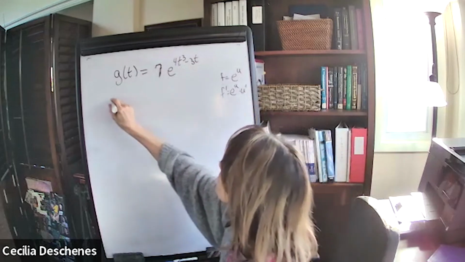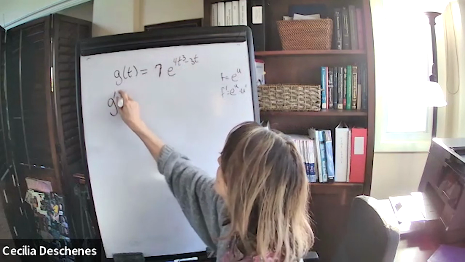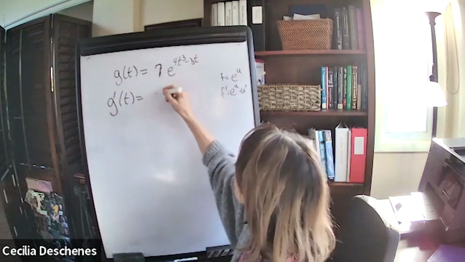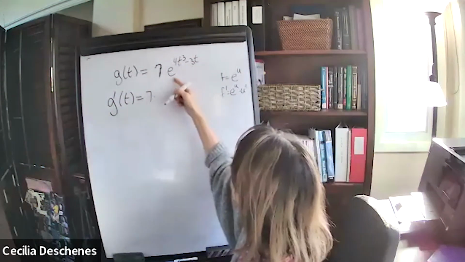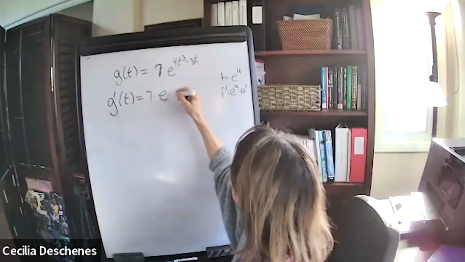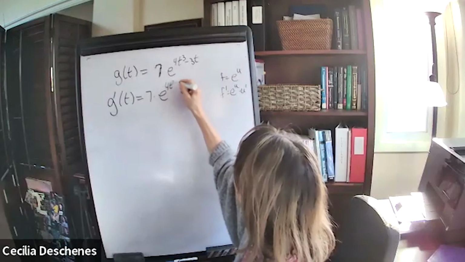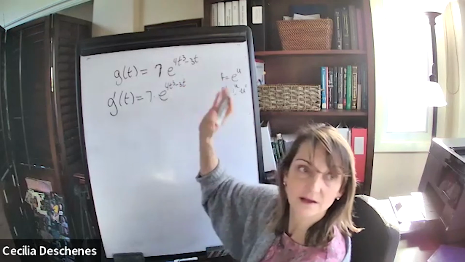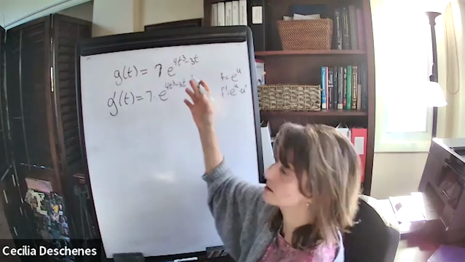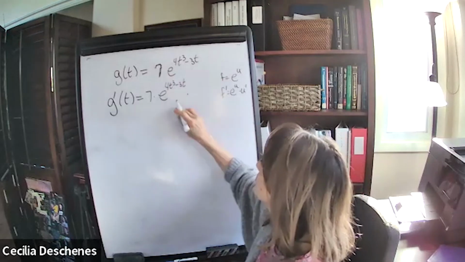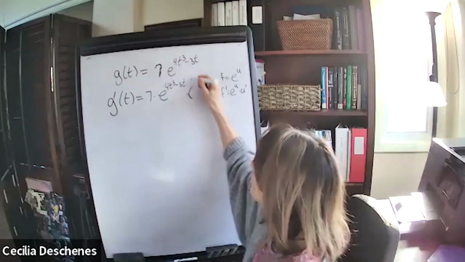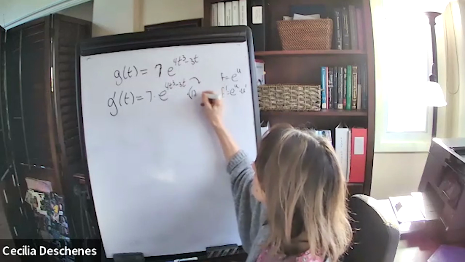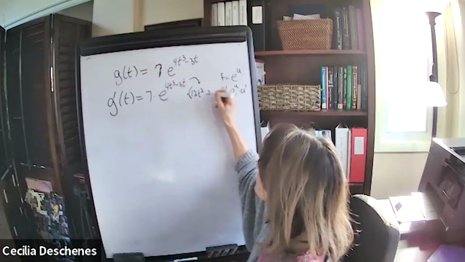So for us, g prime, we're going to take 7 times e to that same thing. We're just copying it. Remember, I told you that e raised to something doesn't care about derivatives. It's going to repeat itself. But the chain rule will get us to bring down the derivative of this exponent. So this is 4 times 3, or 12t squared minus 3.